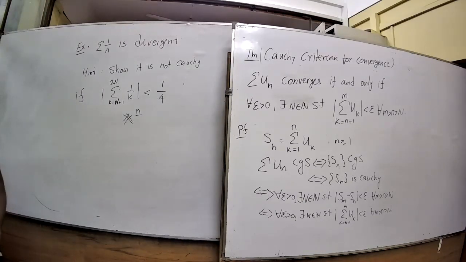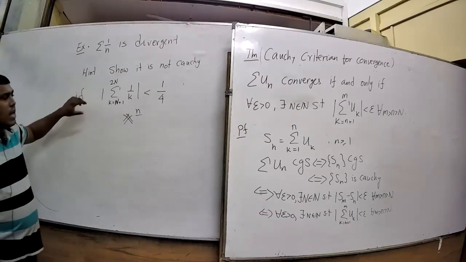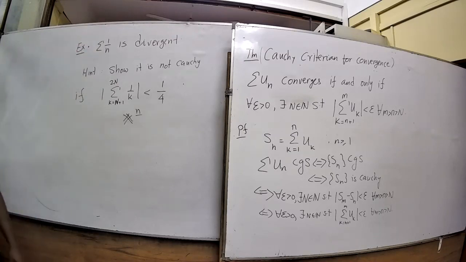If I have time, I'll try to do it in Monday's class, right? So this example is an example to show that the converse of the previous theorem is also not true, right? In the previous theorem, we see that convergence of a series implies u_n goes to 0, but u_n going to 0 does not mean that the series is convergent.